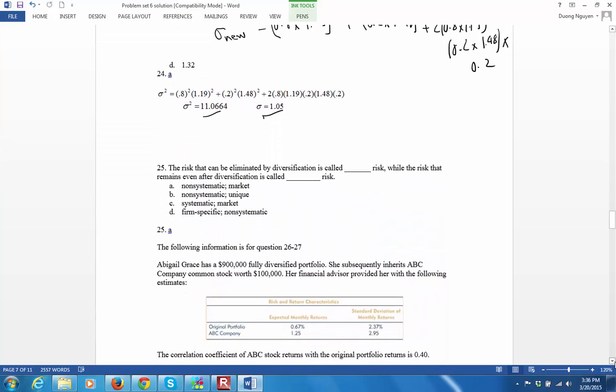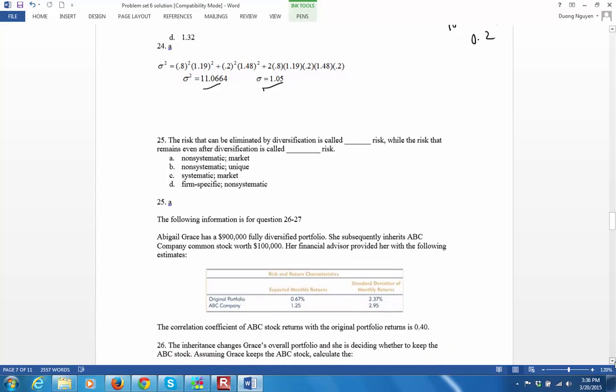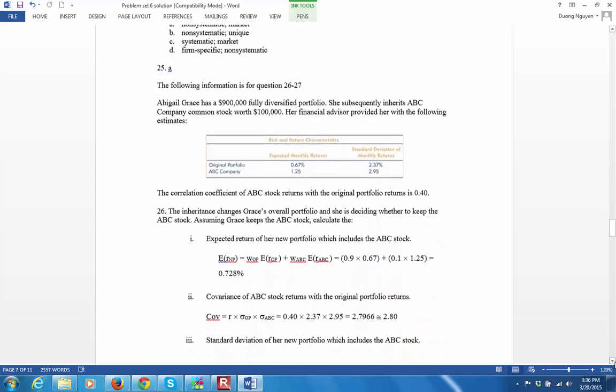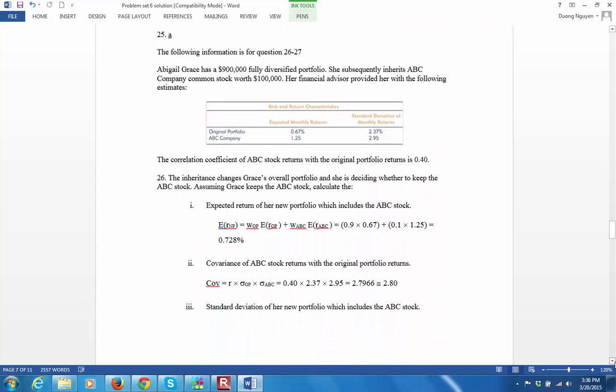Number 25 is similar. Now number 26, very similar. You have the old portfolio and the new portfolio that has the old portfolio and the stock ABC. The old portfolio is 900,000, the new portfolio is $1 million, and ABC is 100,000.